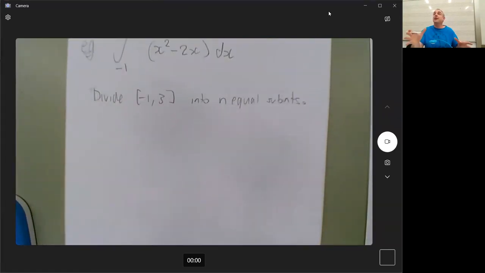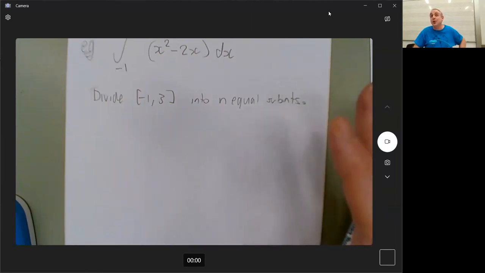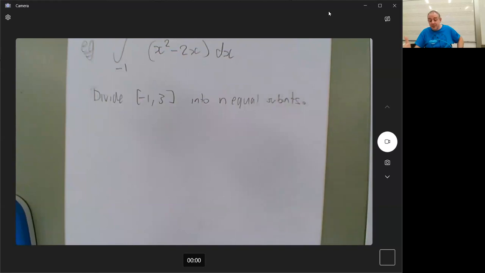I just want to point that out. If they mention upper and lower sums, don't launch into this entire process and do all of it. Stop for a minute, read what they've asked you to do, and decide if they've done part of it for you. And decide if you have to do all of it. At least once in past years, they've said, write the upper sum using sum notation, but do not calculate.